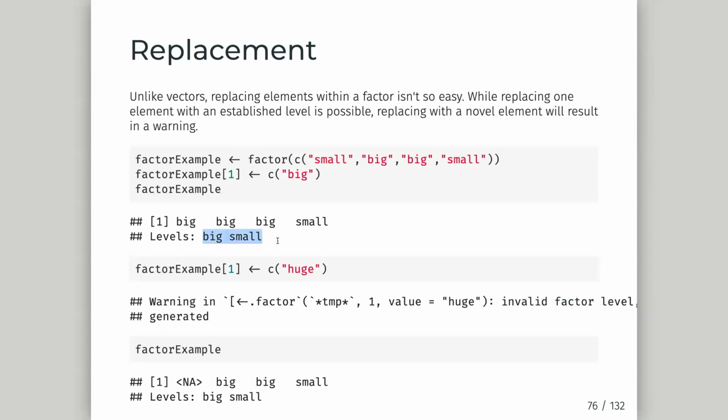It's not a category within my factor when I created it. So I can't add new values there. And that's something which I think a lot of people get upset about. We'll see why in a few slides. So in this case, it's going to say warning, invalid factor level. Because this doesn't exist in my levels here, it's just going to assign it NA. And then it's going to be a future problem for future us to solve.